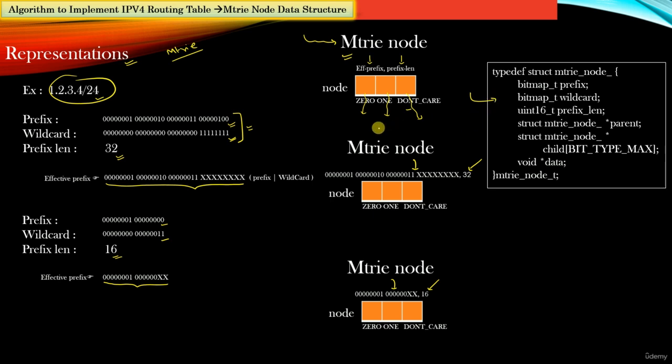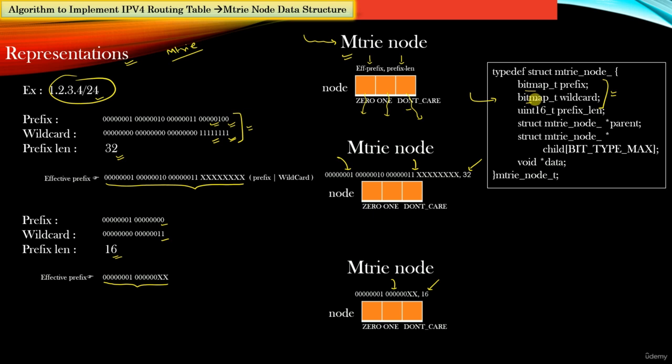Each mtry node stores an effective prefix, and the effective prefix is stored as a combination of prefix and wildcard. Therefore you need two bitmaps in order to store prefix and wildcard separately, but together they represent an effective prefix. Bitmap is nothing but an array of bits and nothing else.